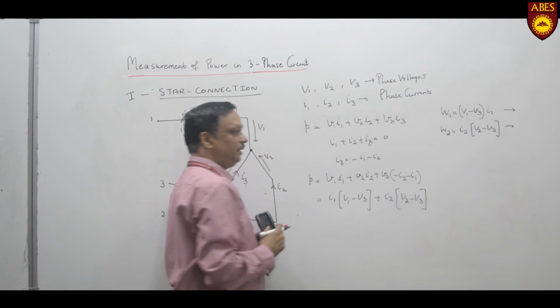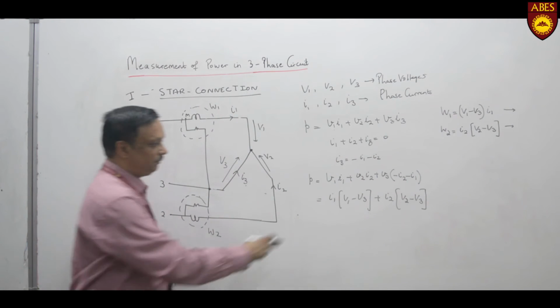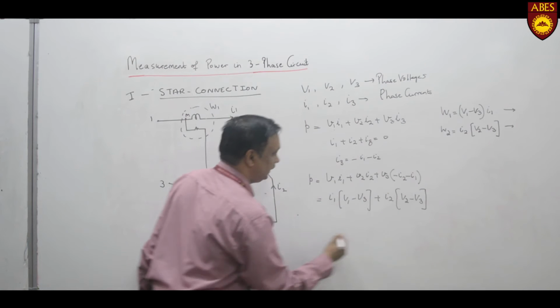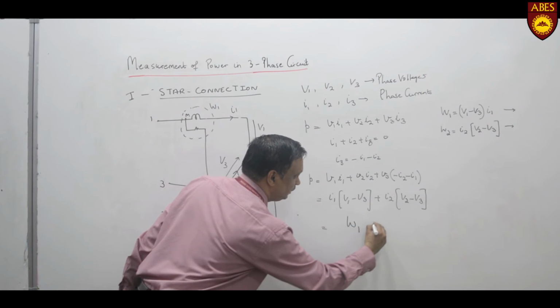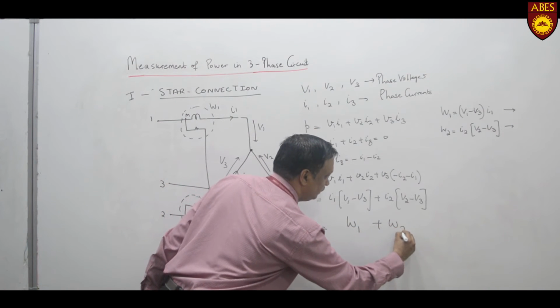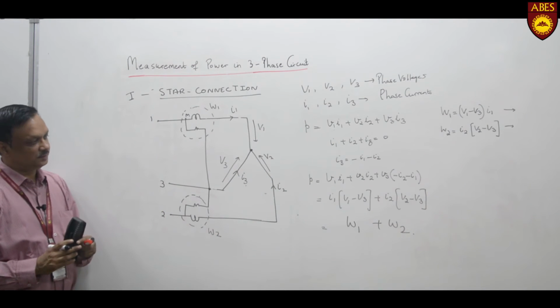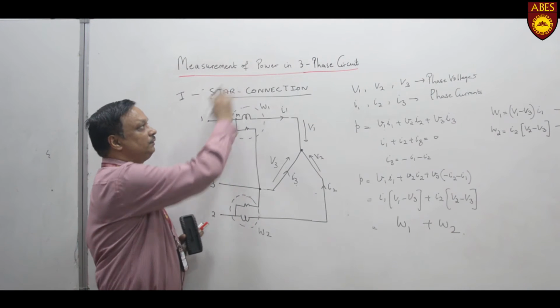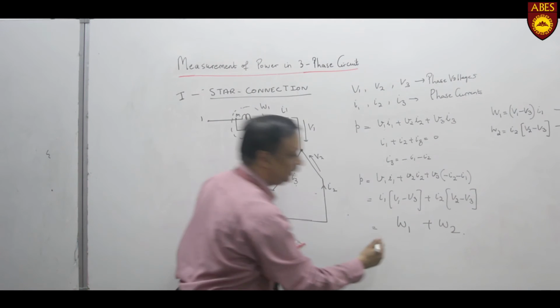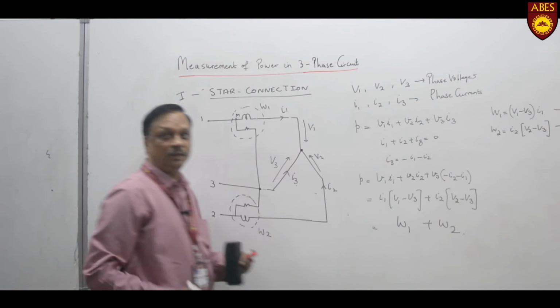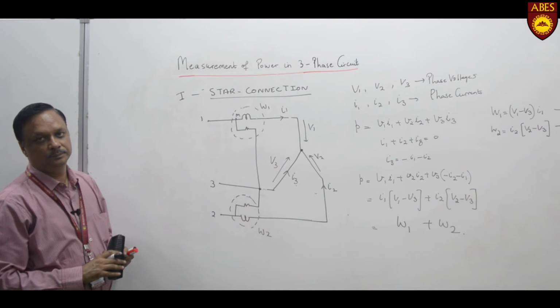Comparing the readings of W1 and W2 with the final result, this is the reading of W1 plus this is the reading of W2. So in the case of star connection, we can measure the total power of a three-phase circuit by using only two wattmeters, W1 and W2.